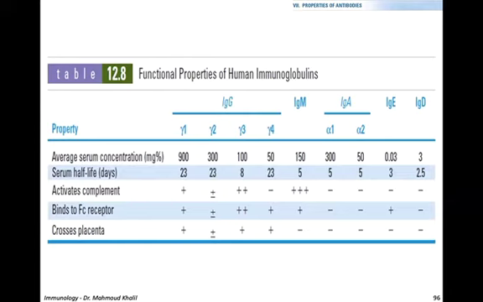The ability to bind to the Fc receptor on the surface of cells is limited to certain classes of antibody, excluding IgA and IgD. The ability of an antibody to cross the placenta by itself is generally related to the IgG antibody.